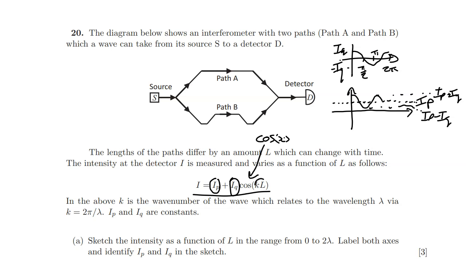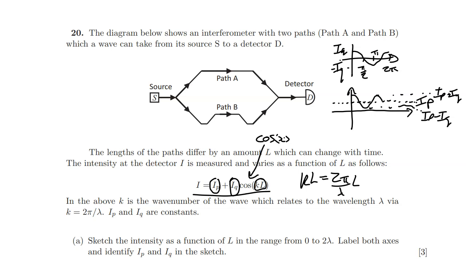What about the x stuff? So we've got KL, which we're told in the question is 2 pi over lambda. And we want to sketch L. So our graph's going to be a plot of I against L. What does that mean?